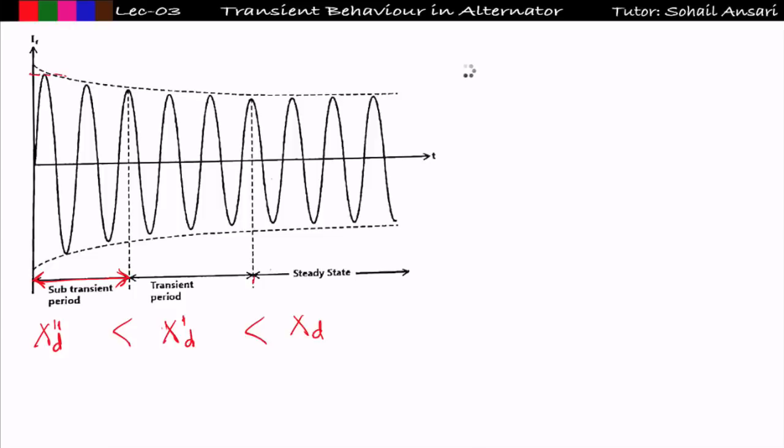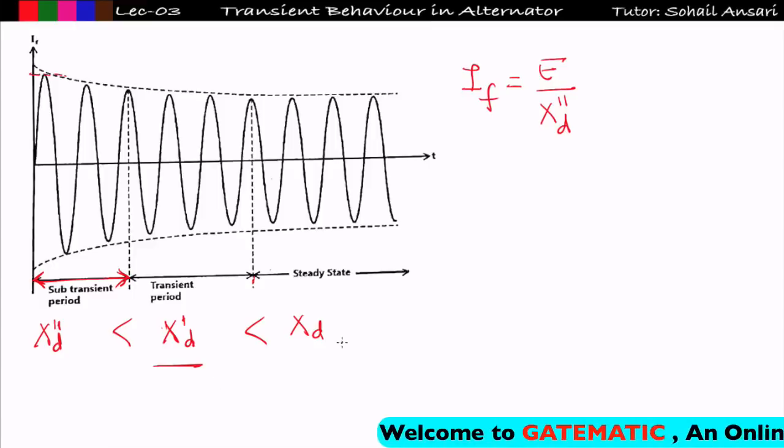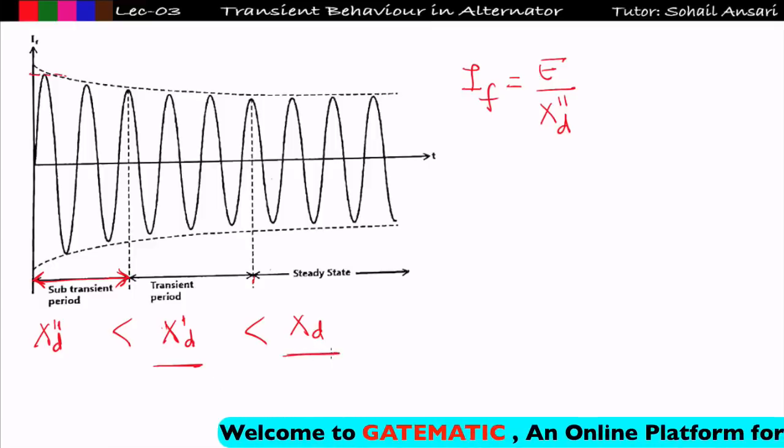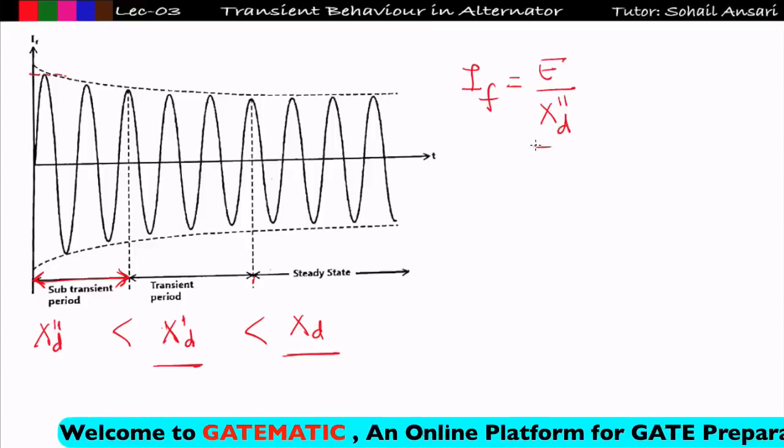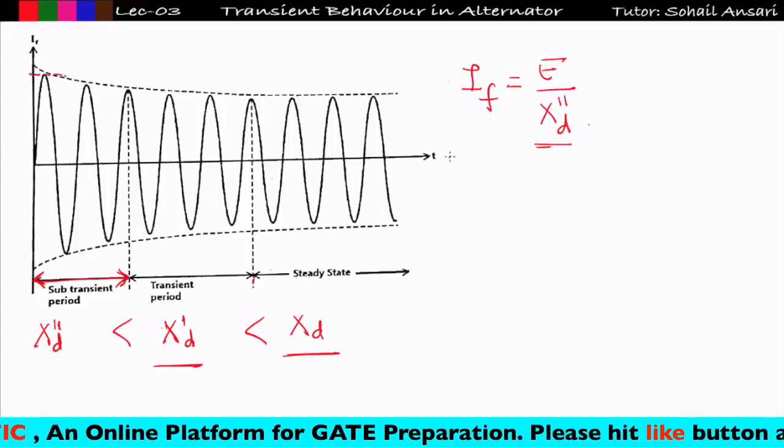So definitely, the fault current E upon xd double dash, this is my sub transient fault current, or you can say the sub transient current flowing in the synchronous machine, will be higher than the fault current induced during the transient period, and that will be higher than the fault current induced in the steady state, because the reactance will increase as the time passes, meaning the fault current will decrease as the time passes.